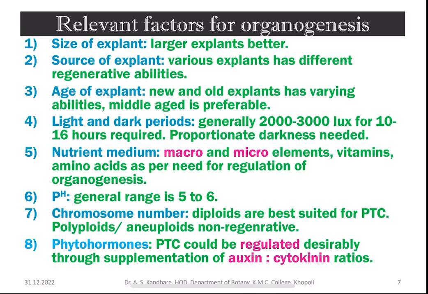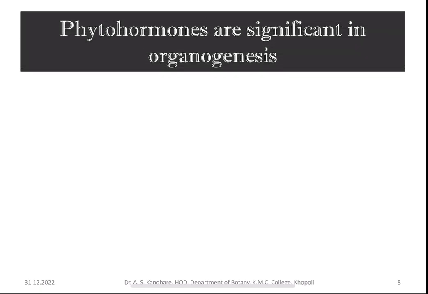So what you desire depends upon this balance of phytohormones. So these are the relevant factors that you have to take into consideration. So I have enumerated these 8 points, and you can also add more points or more relevant factors for organogenesis. So these things you have to take into consideration.